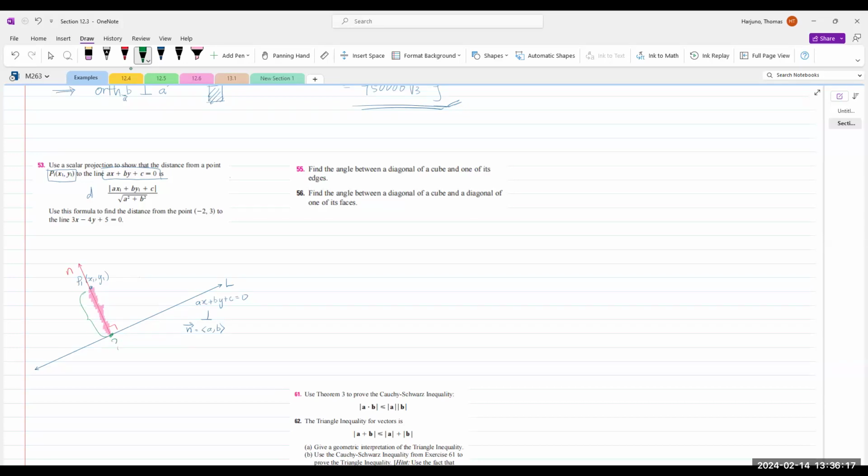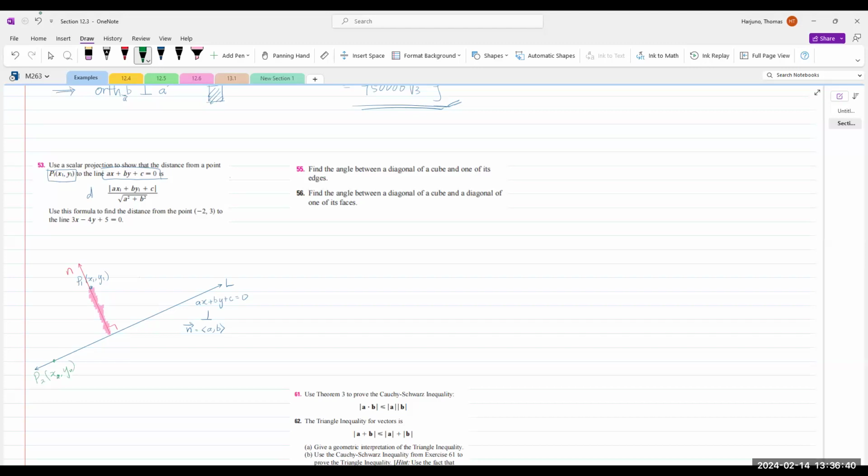What we will do is use a random point on line L. Let's use this point here. We don't know what point that is, so just call it P0, x0, y0.